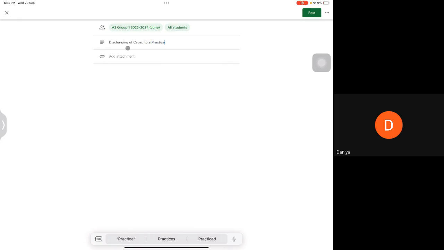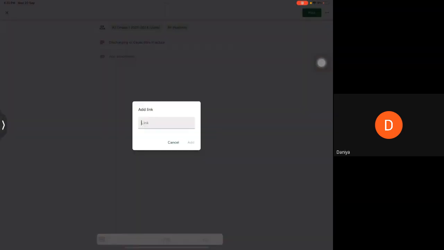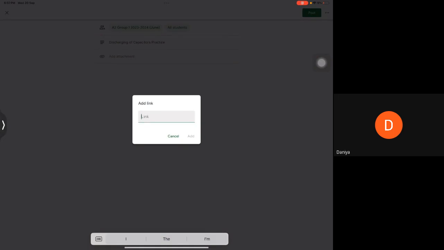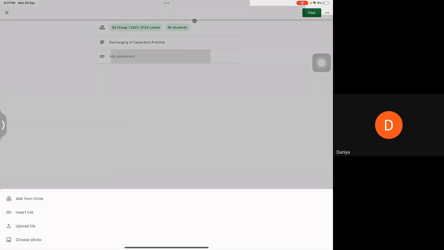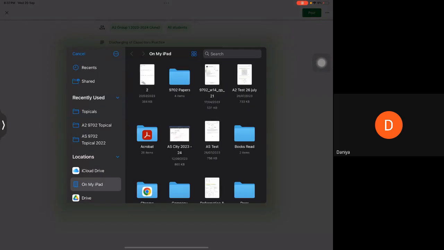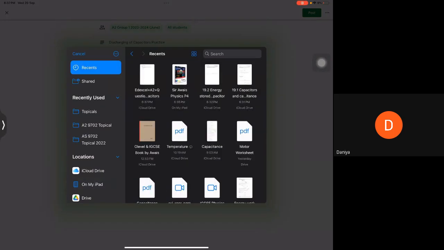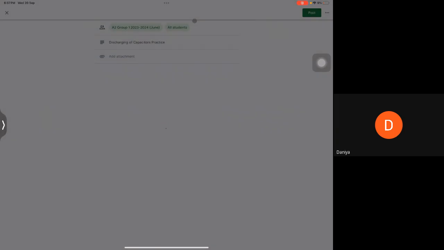Okay. You can also do this worksheet in your free time. Just try to manage this, please. Here, from Edexcel.